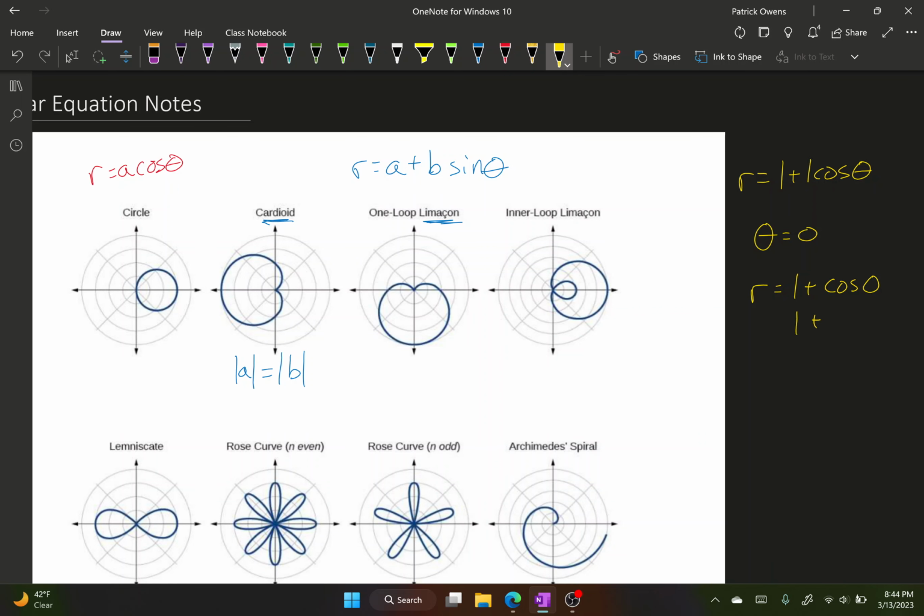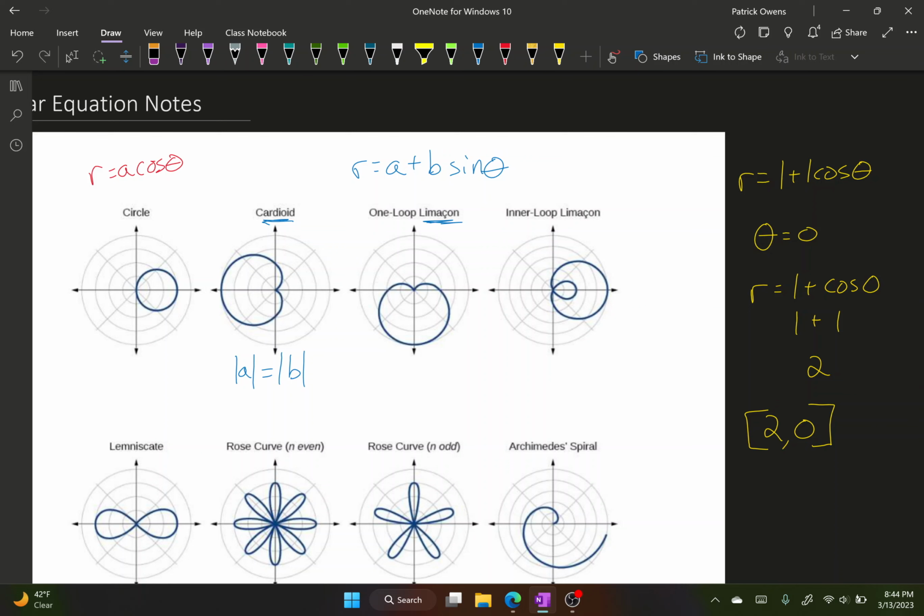Cosine of 0 is 1, so our radius is going to be 2. So we have this polar point (2, 0). That is why the maximum radius is those two numbers added together.